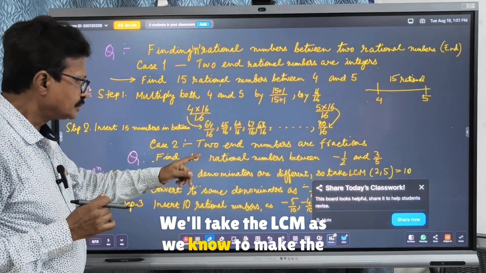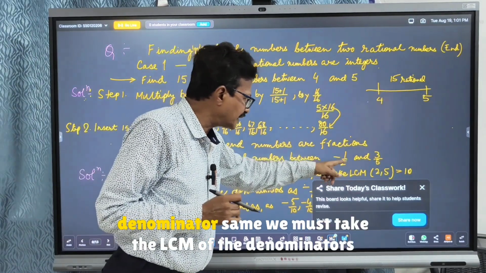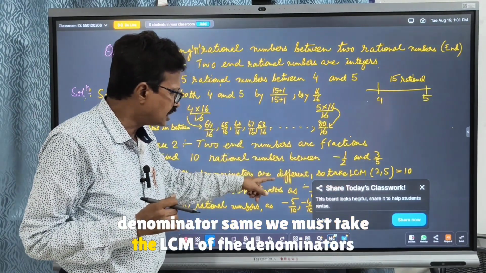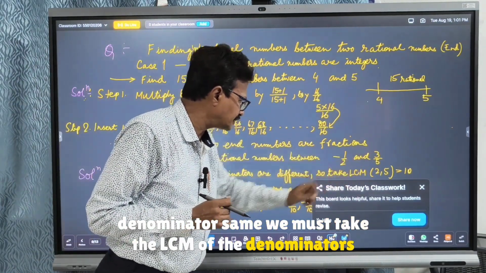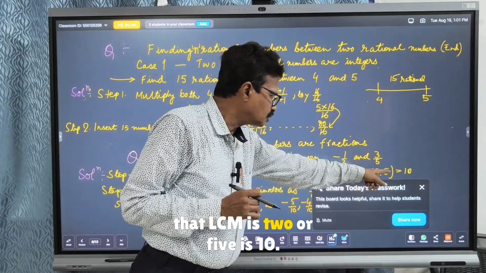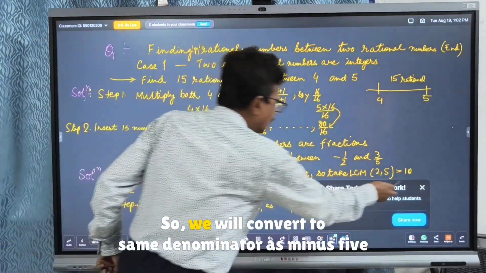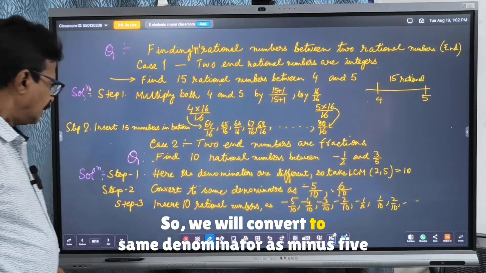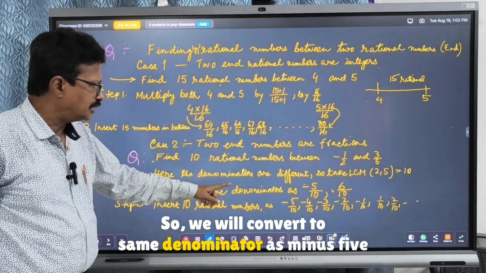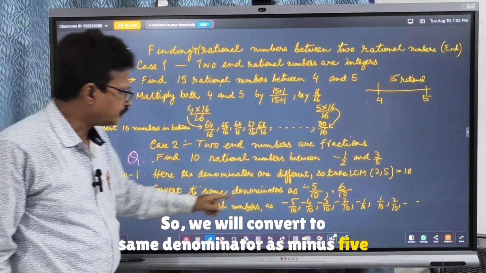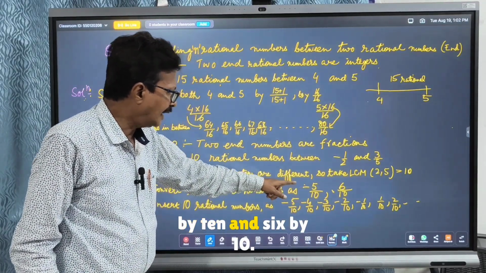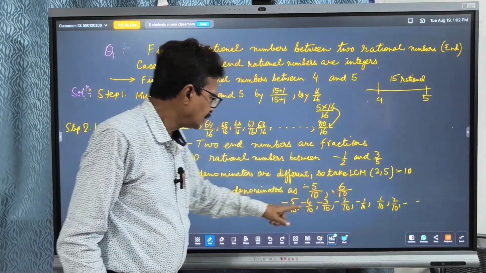As we know, to make the denominator the same, we must take the LCM of the denominators. That LCM of 2 and 5 is 10. So we will convert to the same denominator as minus 5 by 10 and 6 by 10.